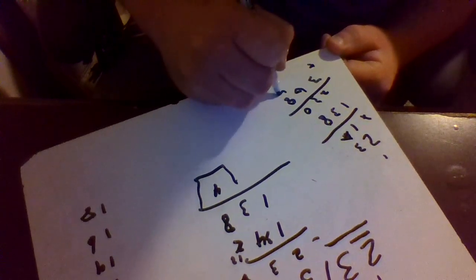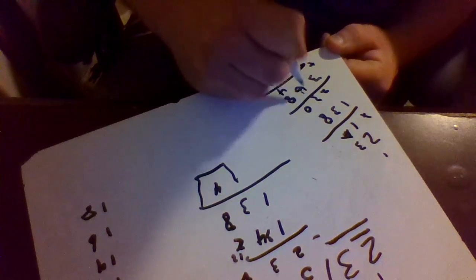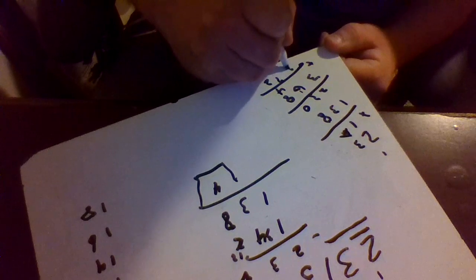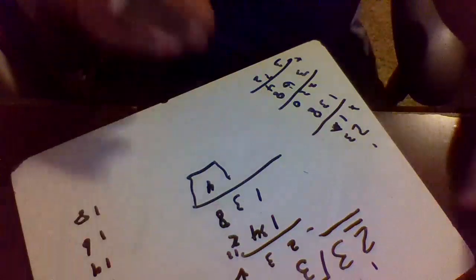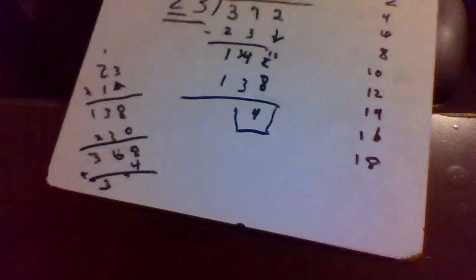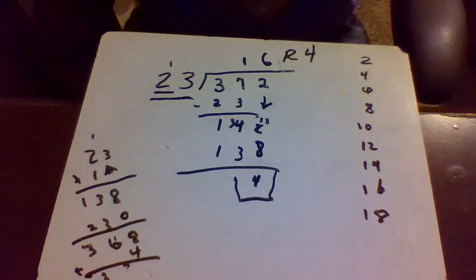Add in your remainder. 2, carry the 1, 7, 3. 372. And that's what we got up here. And so now, if you want to take a second and write this down, that's great. If not, then here are our steps.